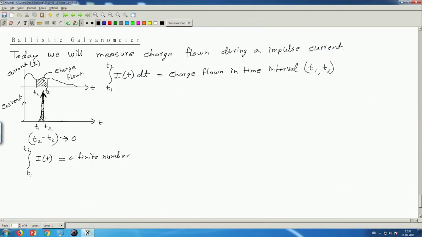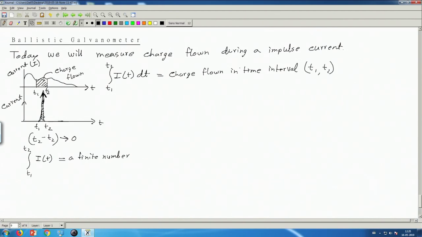Therefore, a very large height multiplied by a very small width comes out to be a finite number. It is neither 0 nor infinity. So, the charge flown within this time, that is the area under the curve, is a finite number, and particularly if this area is equal to 1, we call that a unit impulse.